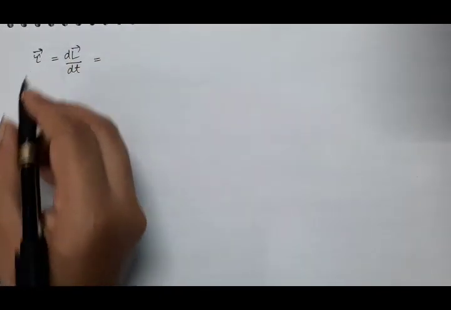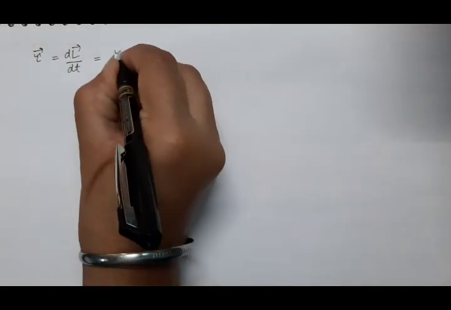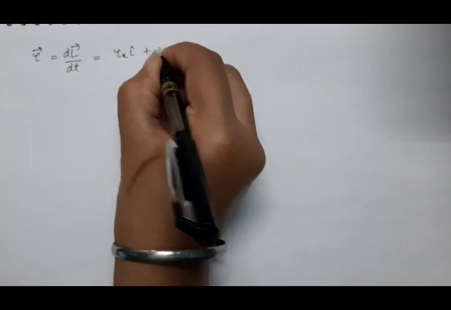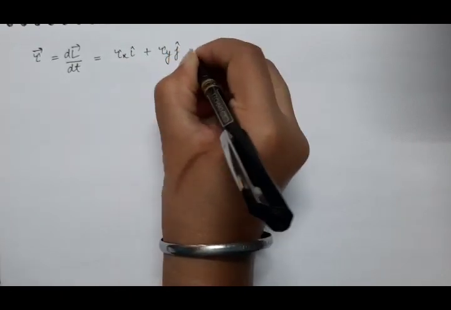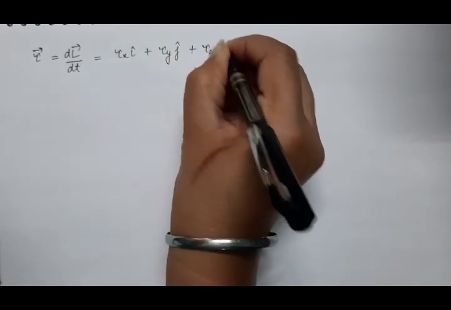And then this tau vector will also have its components in the direction of x-axis, y-axis and z-axis. So this tau vector will be equal to tau x i cap plus tau y j cap plus tau z k cap.